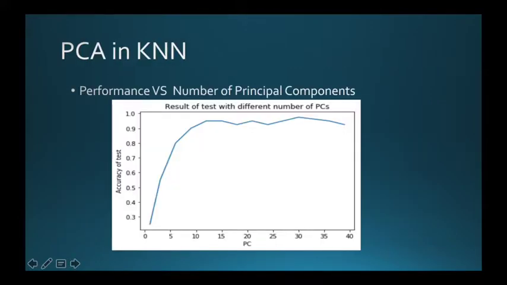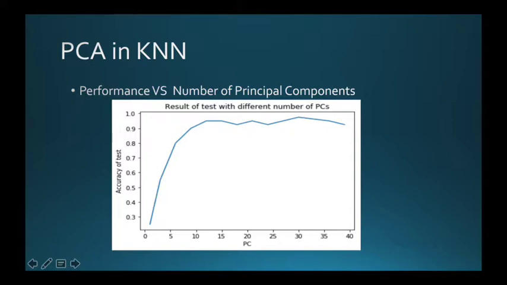We also have to choose how many principal components we are going to use in the KNN. Here's the result of the test. As we can see, before we use 15 principal components, the performance increases dramatically, and after that, the performance tends to be stable. And when we use 30 principal components, the performance is the best.